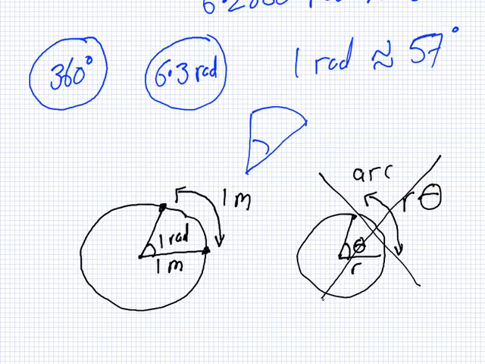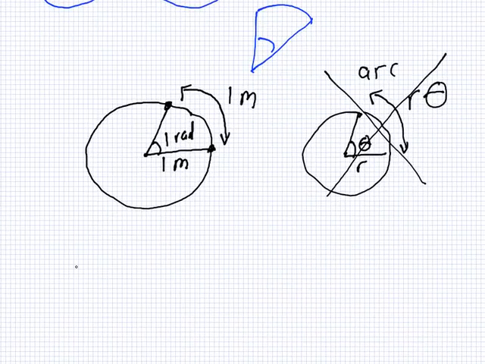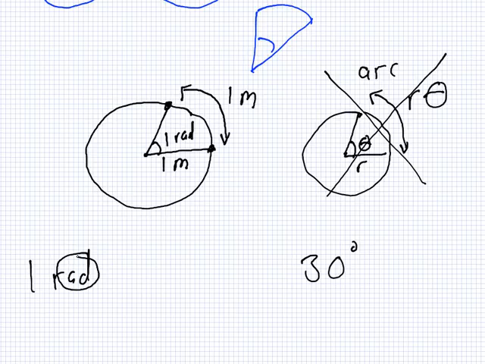A second important thing before we have a look at some examples is the units. So you can write radians like this, 1 radian, and for example this is 30 degrees, but you don't actually need to write the word radians afterwards.